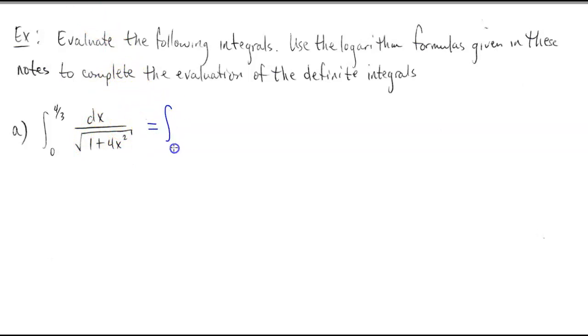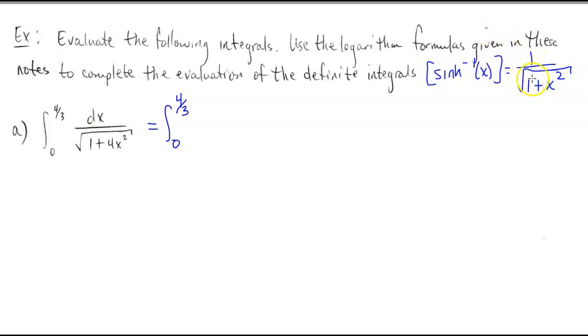So here we know that if we were able to write this as square root of 1 plus something squared, then that would work out well for us, because we know that the derivative of inverse hyperbolic sine is just going to be 1 over square root of 1 plus x squared.